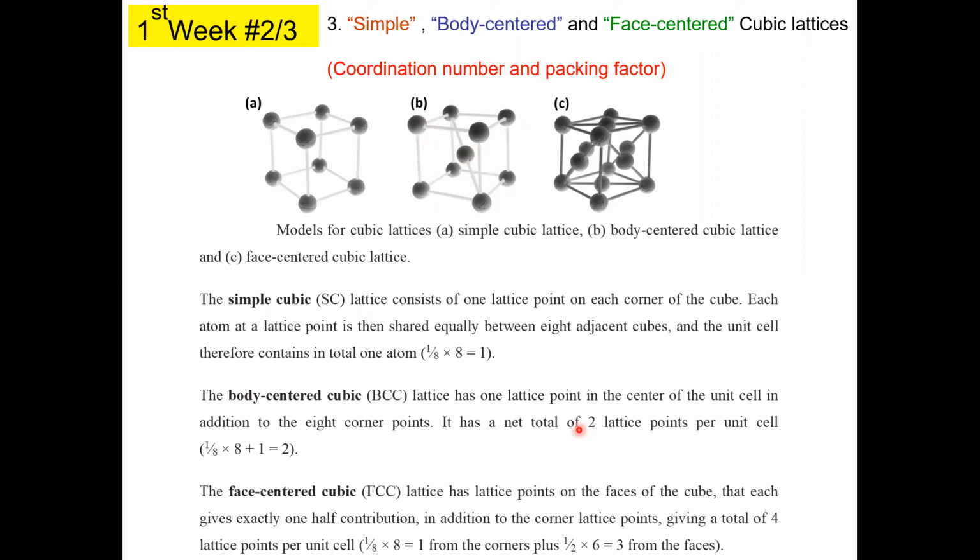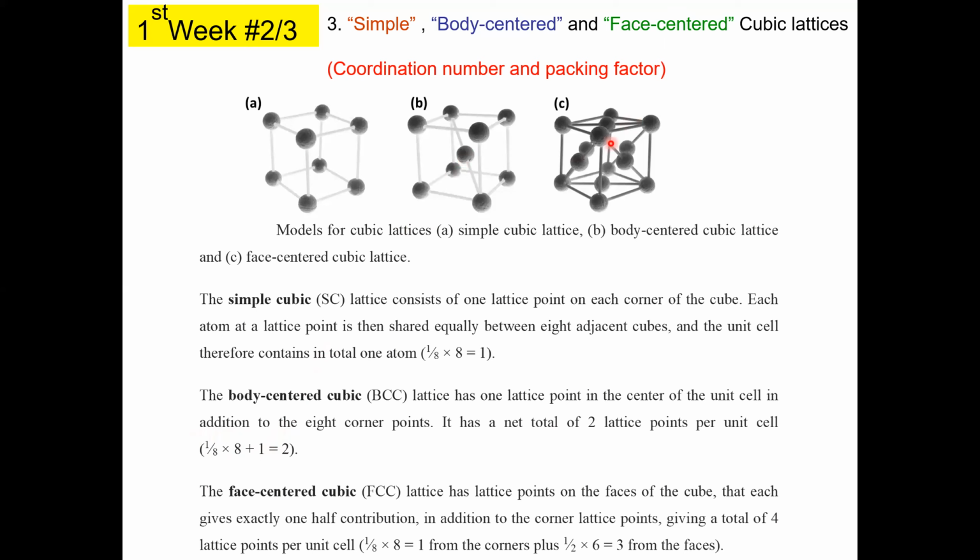So the total would be 2 atoms: 1/8 multiplied by 8, plus 1 in the middle. A net total of 2 lattice points per unit cell.